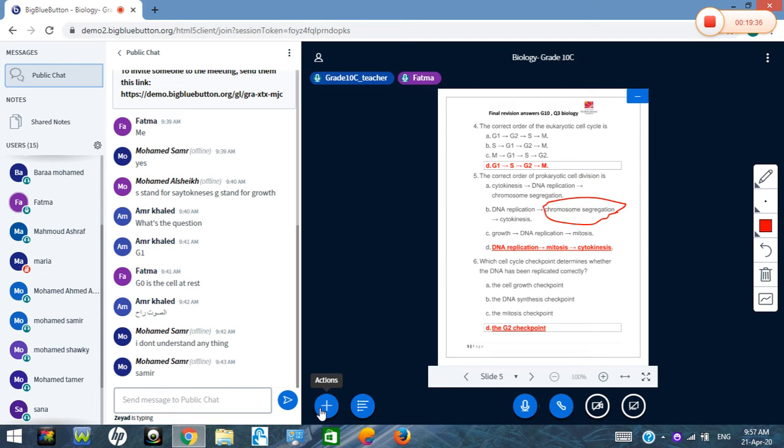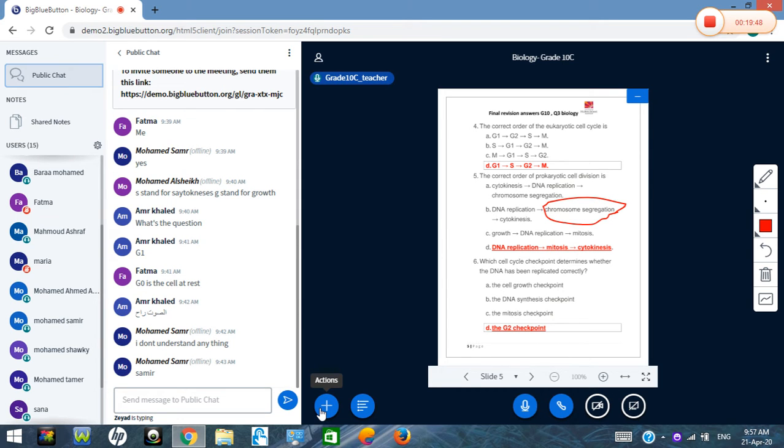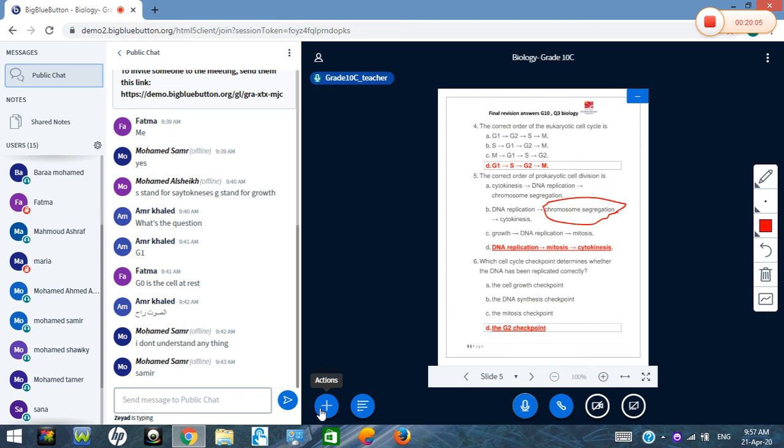Okay. We say that during metaphase, the spindle fibers that are attached to the chromosomes from the centromere still pull the chromosomes.